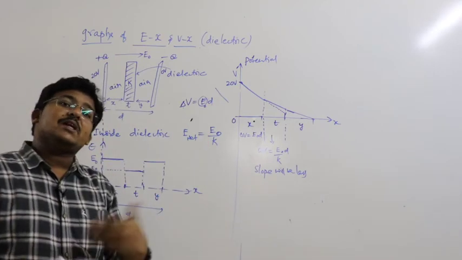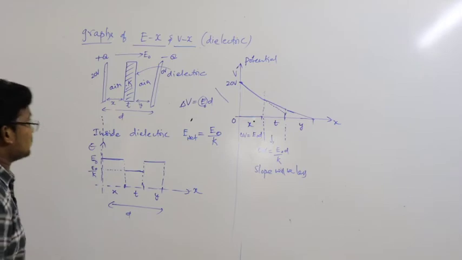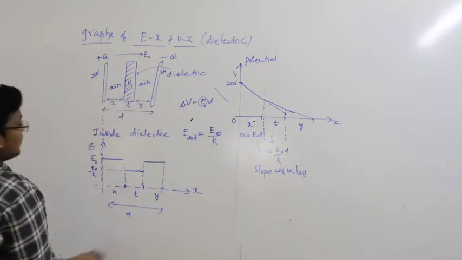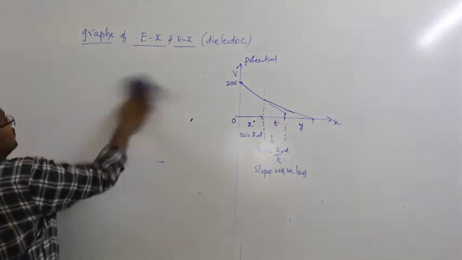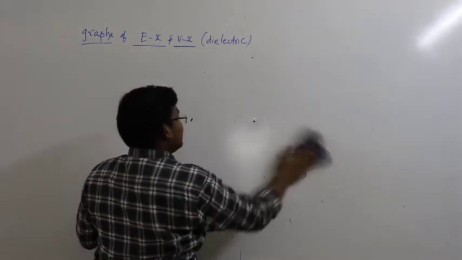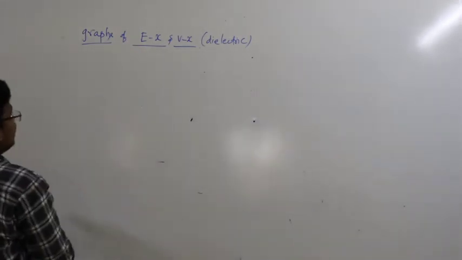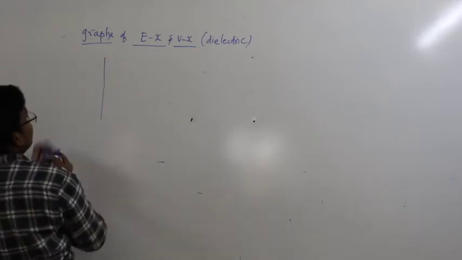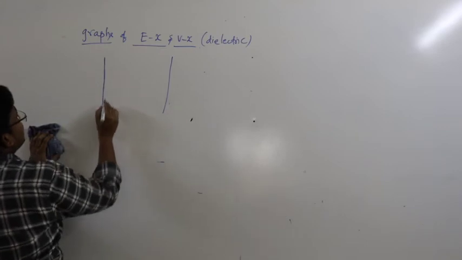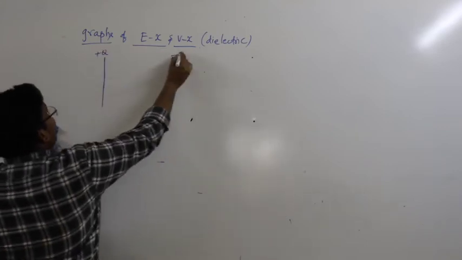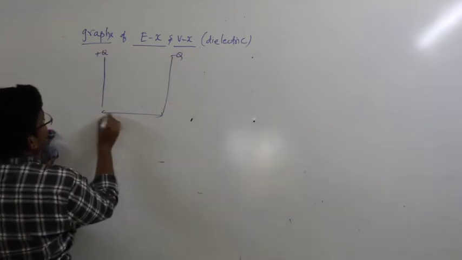Sir, if I keep a metal conductor, then what happens? In this case, if I keep a metal conductor, here I am just going to explain to you the variation of the electric field versus distance. This is a capacitor, plus q and minus q, the distance is d.